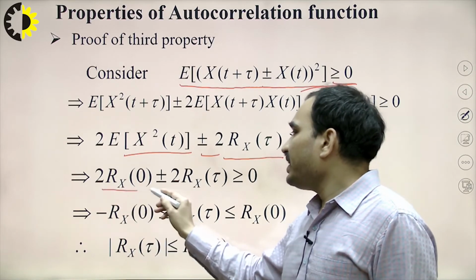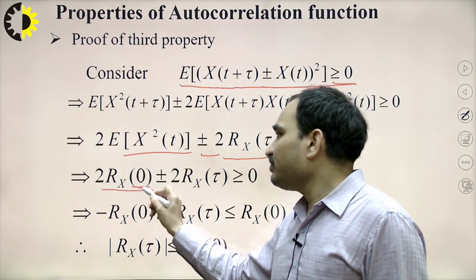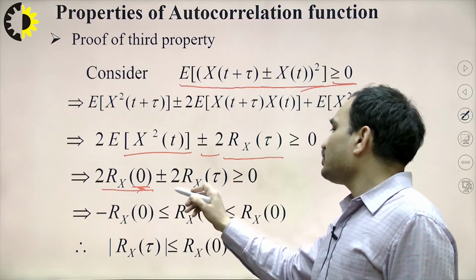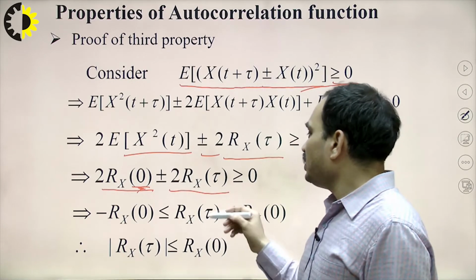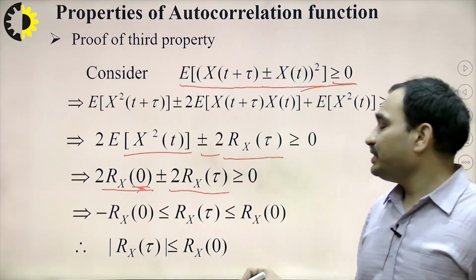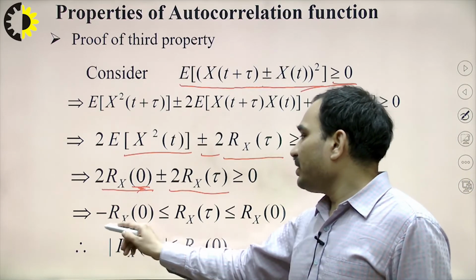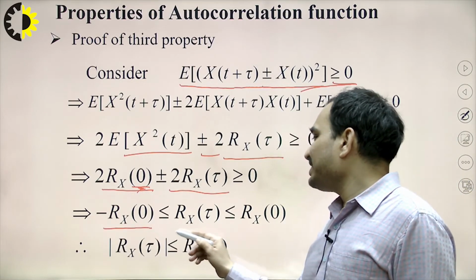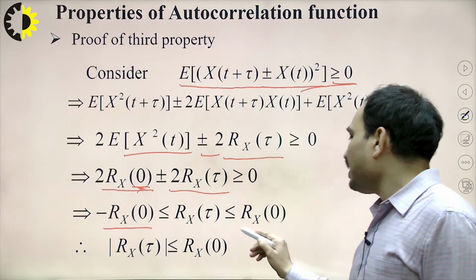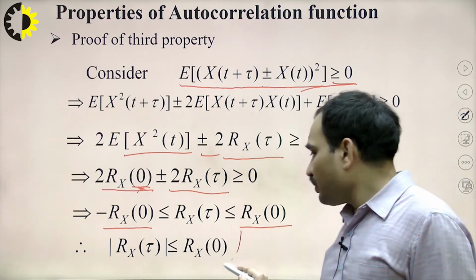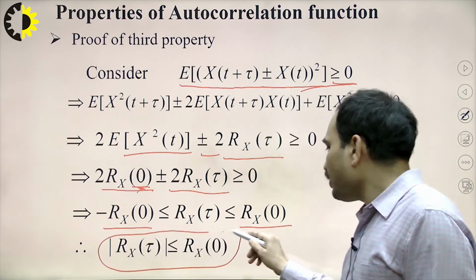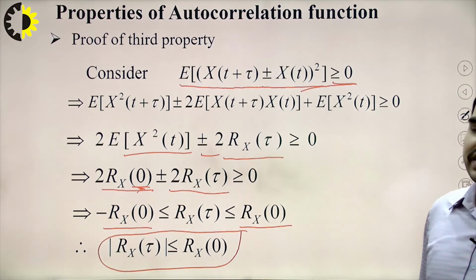That is, twice Rx(0) plus minus twice Rx(tau) is greater than or equal to 0. So we get minus Rx(0) is less than Rx(tau), which is less than Rx(0). So this property is proved here, that is, Rx(tau) is always less than Rx(0).